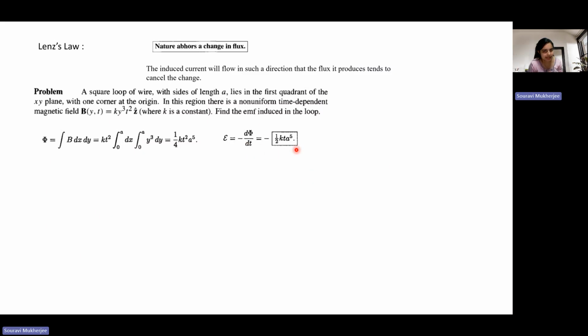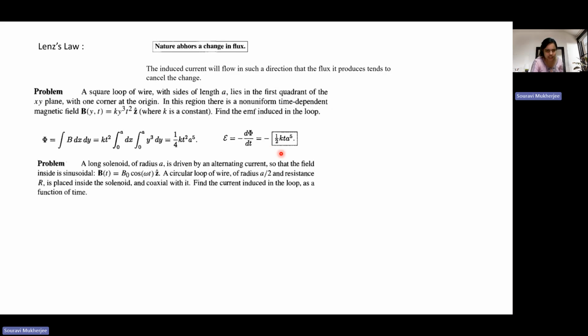As you can see, the magnetic flux can change because of a changing magnetic field, or because of a changing area enclosed by the region of the field. In this case, the area remains constant, but the field varies, and therefore the flux. This is the relation that gives the EMF induced in the loop.